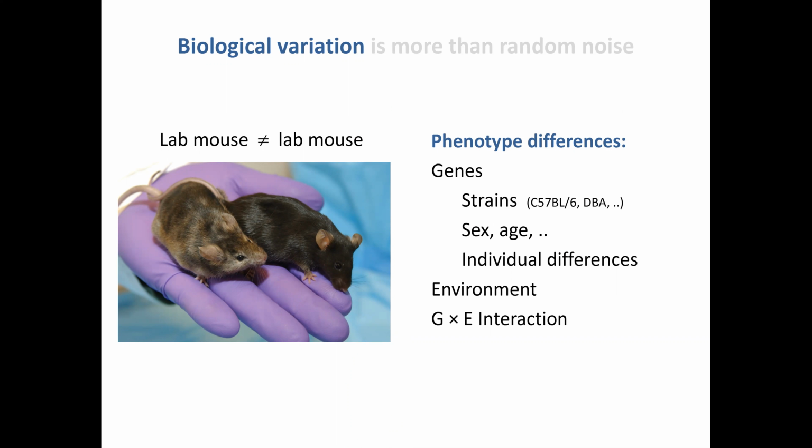In addition to these genetic differences, we also have environmental differences. Mice are kept under what people believe are standard conditions, but even though cages might look similar, conditions always change. So there are no two mice growing up in exactly the same environment. There are always environmental parameters differing between cages, even within a lab, or between different labs.